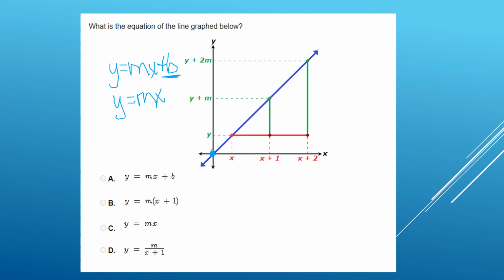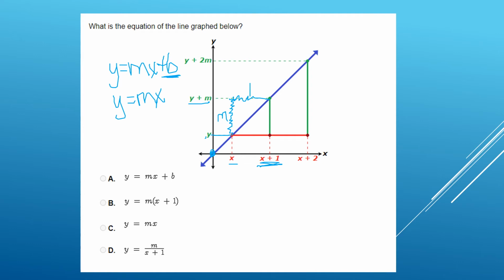I look at this point here, and I want to see how much we go up and over. So rise over run. From y to y plus m, the only thing that changed is the m. When I go over, the only thing from x to x plus 1 that changes is a 1, because we add 1.